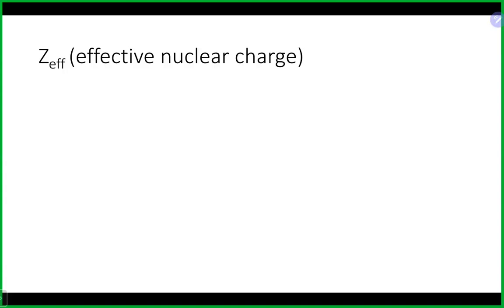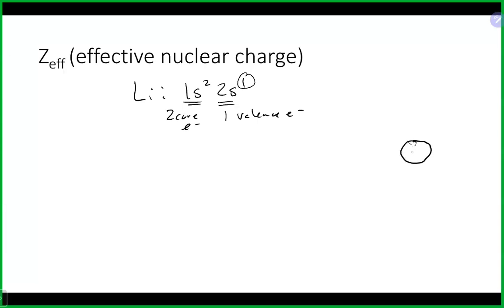So just a simple example to demonstrate this: lithium, 1s2, 2s1. It has one valence electron, as lithium is group number 1, which is this guy. It has 2 core electrons, which are closer to the nucleus, which are those guys. If I draw an idea of what's happening here, the nucleus in lithium will have a +3 charge, because it has 3 protons in it.